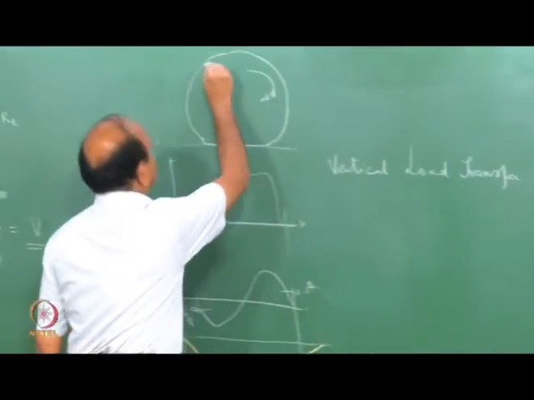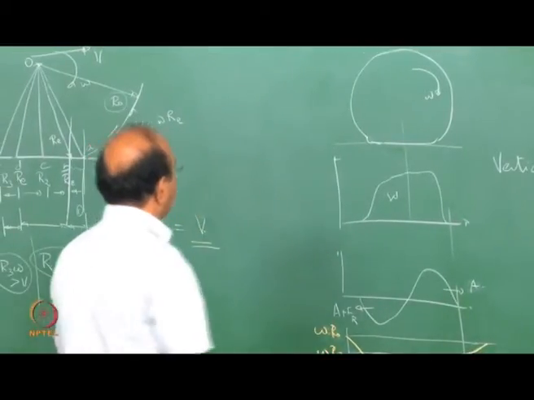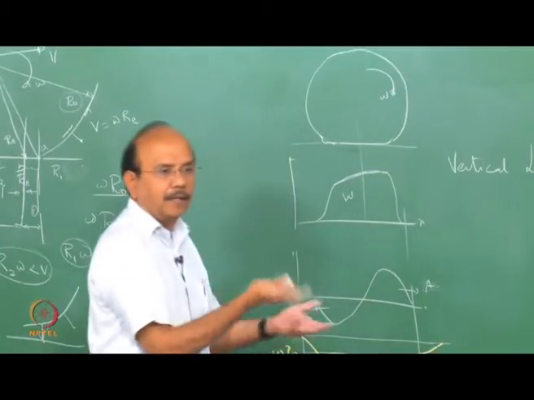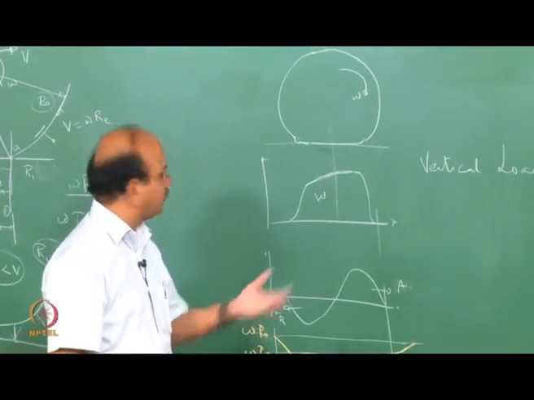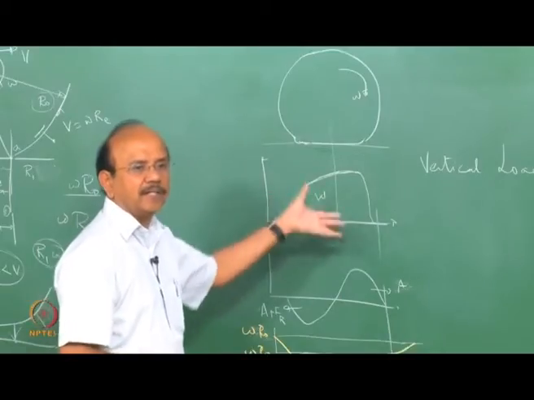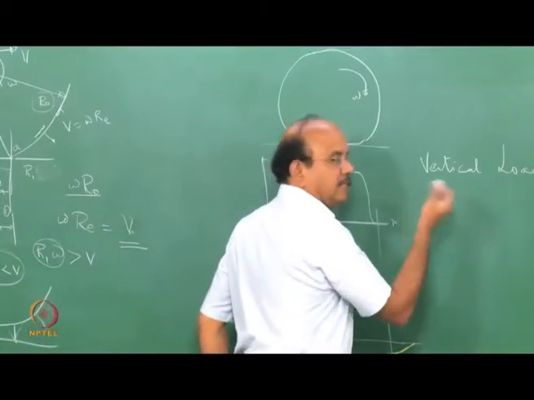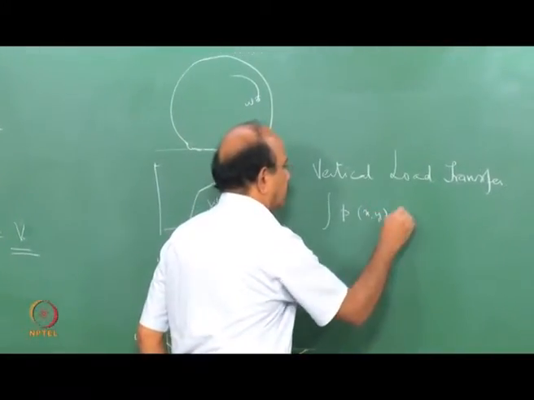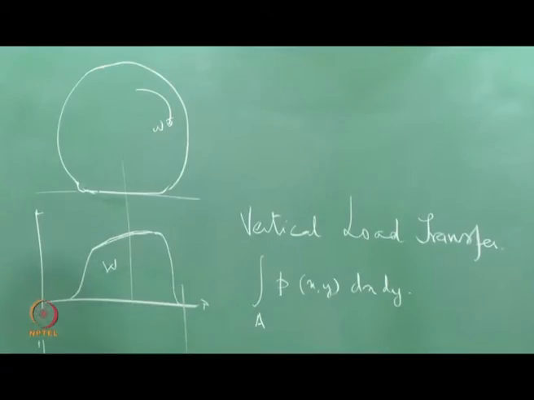Now let's say that that's how the wheel rolls, and that there is a contact patch which is developed under the road. We have seen that as the ground reaction. If I say that the contact pressure is P, which is a function of x, y, and I integrate P dx dy over the contact patch, that is the total reaction of the ground that we are talking about.